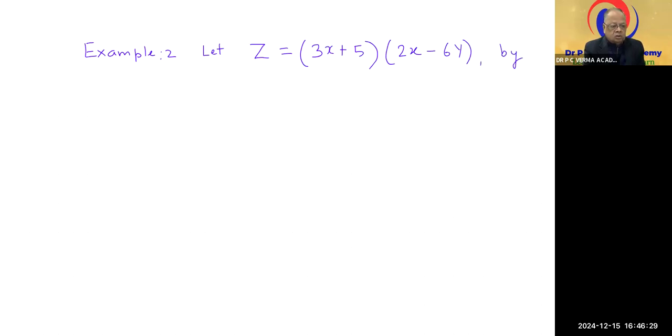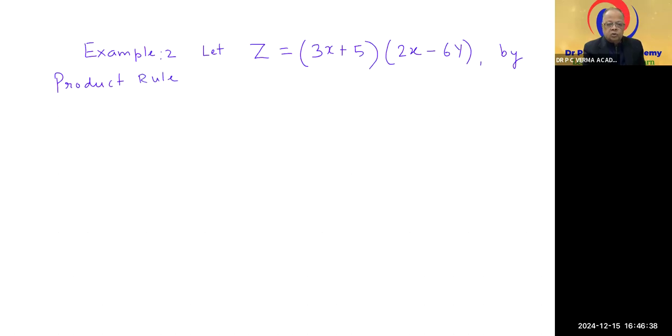Example 2 is taken. Let z is equal to (3x plus 5)(2x minus 6y), by product rule.